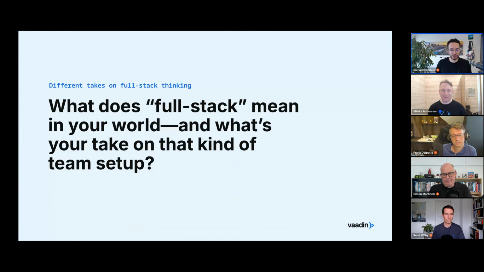So we had a really good experience with full stack teams. Full stack for us means having front-end and back-end developers, testers and DevOps people all working on the same project. This gives us a lot of agility, and we feel that we are extremely productive because we can communicate within the team and don't have a team boundary where we have to build a back end, communicate with the front end, and then they have to build.